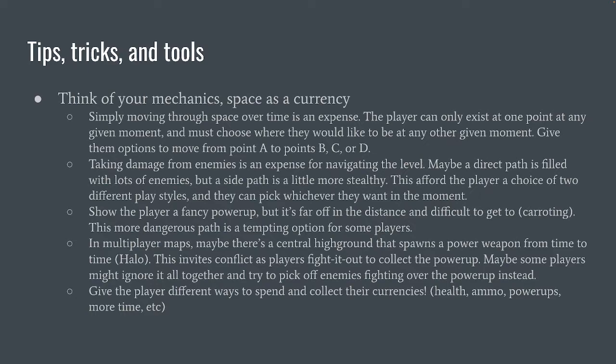That kind of concept is called carroting, where you show the player something really cool, but to get to it, they're going to have to pay some cost. That's how you make it interesting.